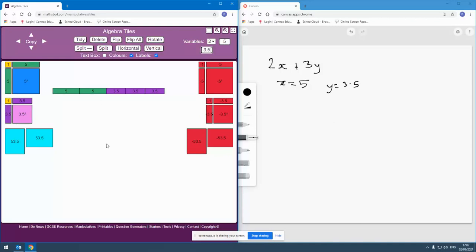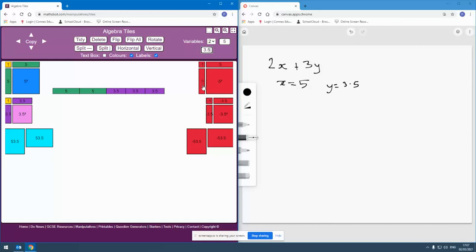It becomes those lengths which were always there to model and to represent the value, whether it's a variable value like an x or a y, or whether it's a fixed value like a 5 or a 3.5. That's what that was there to do. That length, that area, was supposed to represent that value, and so all it's doing is taking on that role. That total length was 2x plus 3y, and it's now 2 5s plus 3 3.5s.